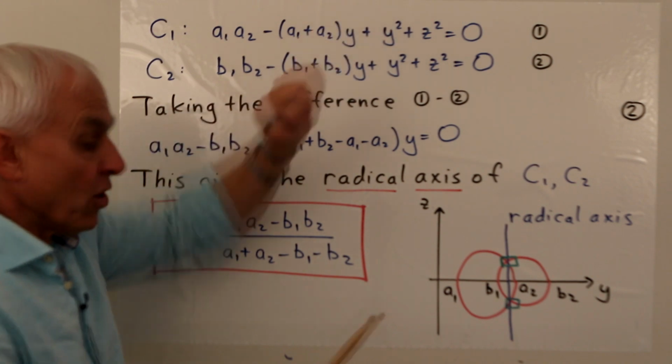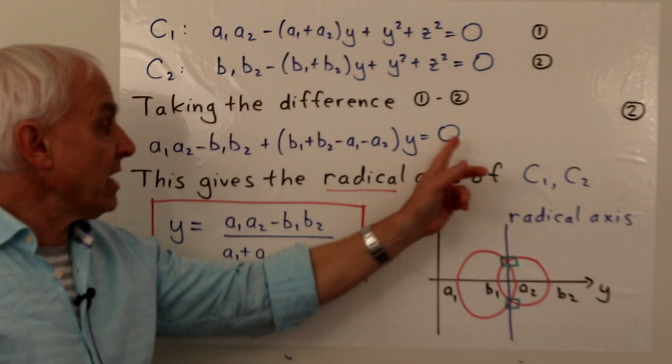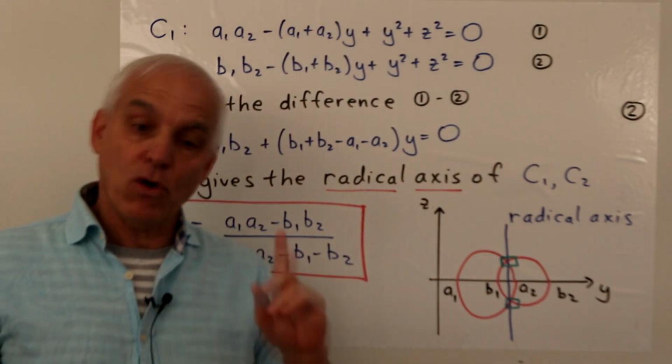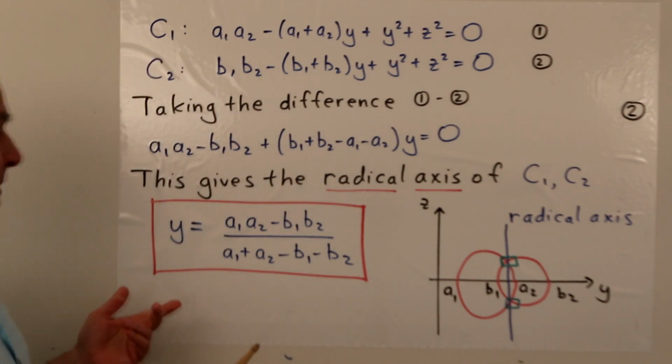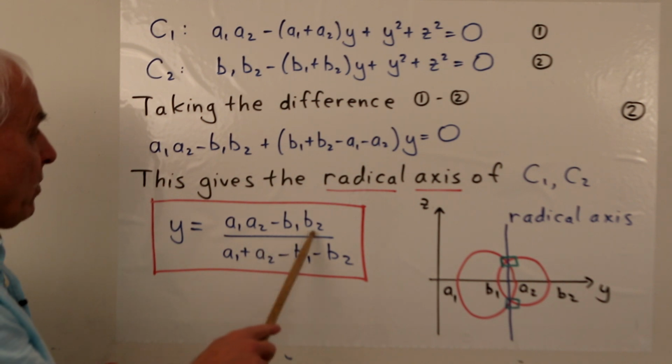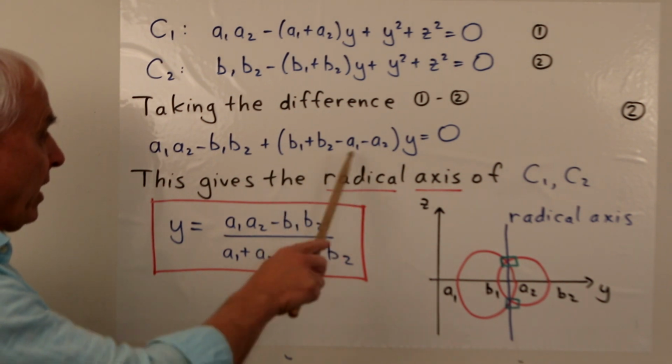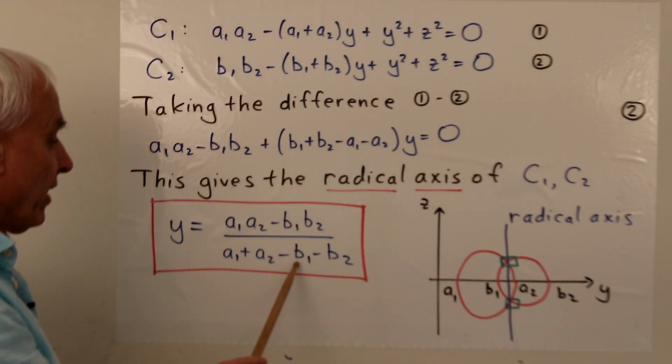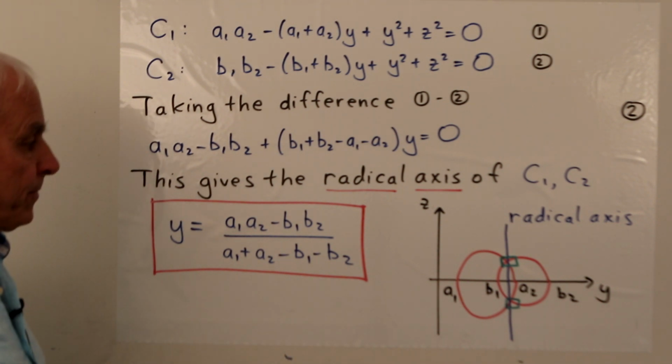And as I said, the quadratic terms will disappear. We just end up with a linear equation involving only y, which happily has a solution: y equals (a1 a2 minus b1 b2) divided by (a1 plus a2 minus b1 minus b2).